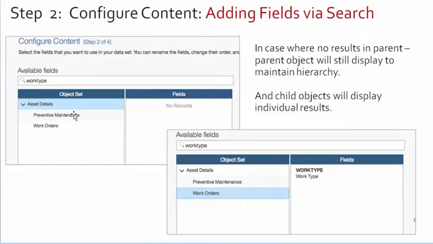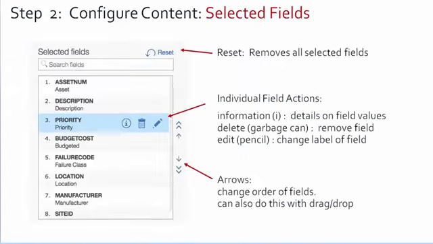The reason we do this is that we still need to maintain our hierarchy. We don't want to just show PM and work orders, because you may start to lose what level of the hierarchy you are on. So again, we purposely always retain that parent object level so you can understand where you are.